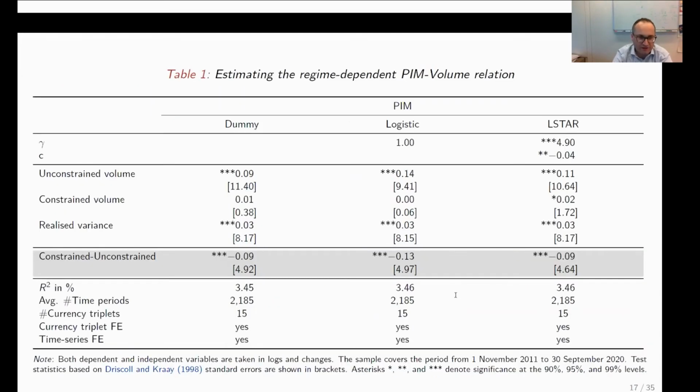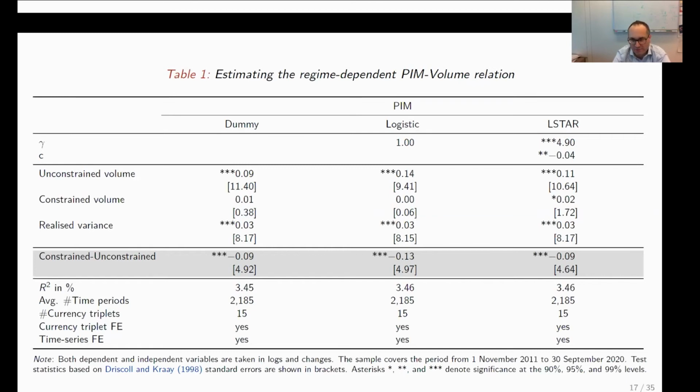So let me turn to the results when we're estimating this for our 15 currency triplets in the data. You can see here that regardless of the methodology, whether it's a dummy or a logistic regression, where we're imposing a smoothing parameter gamma of 1, or when we also estimate that smoothing parameter, we get pretty consistent results in that the coefficient in the unconstrained regime is always much higher than it is in the constrained regime.